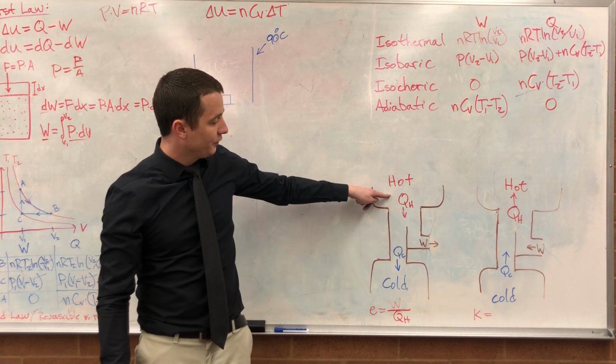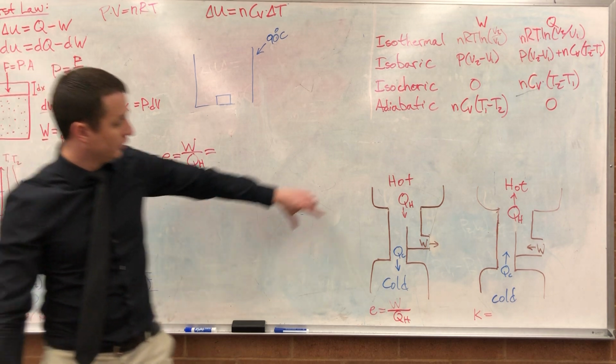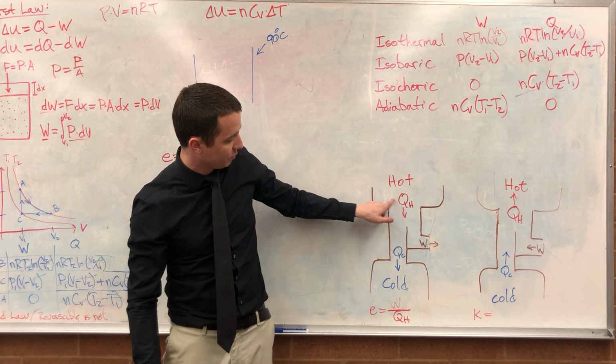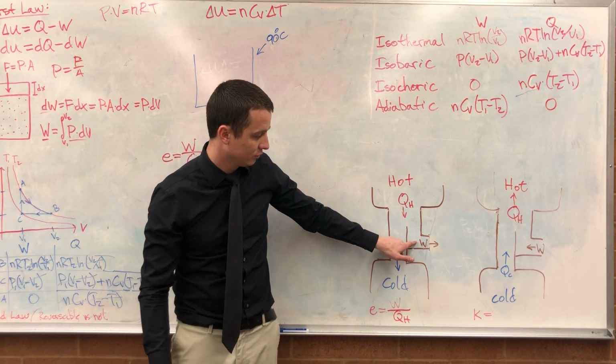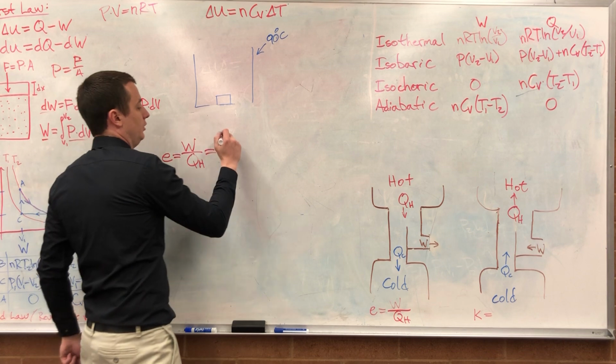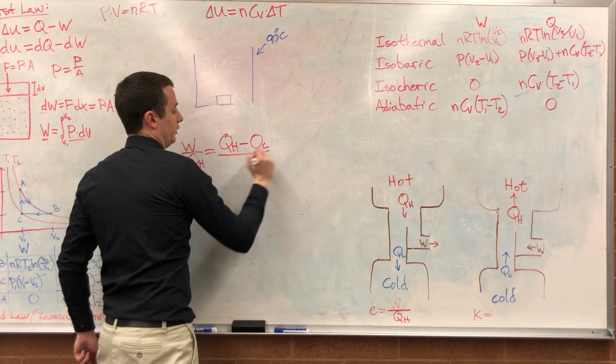Work is the amount of heat coming into the system minus the amount of heat leaving the system. Because all this heat goes to that or that, so how much goes to this? This much minus this much gives me this much. You follow that? So we can also rewrite it as QH minus QC over QH.